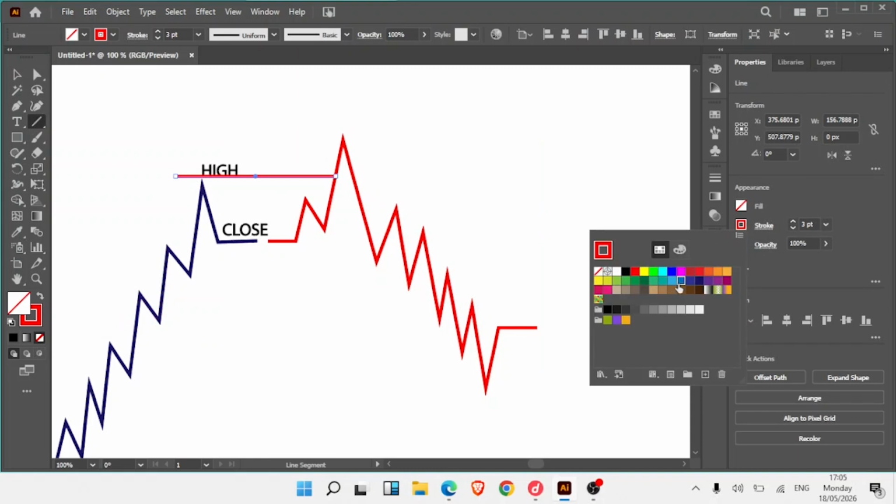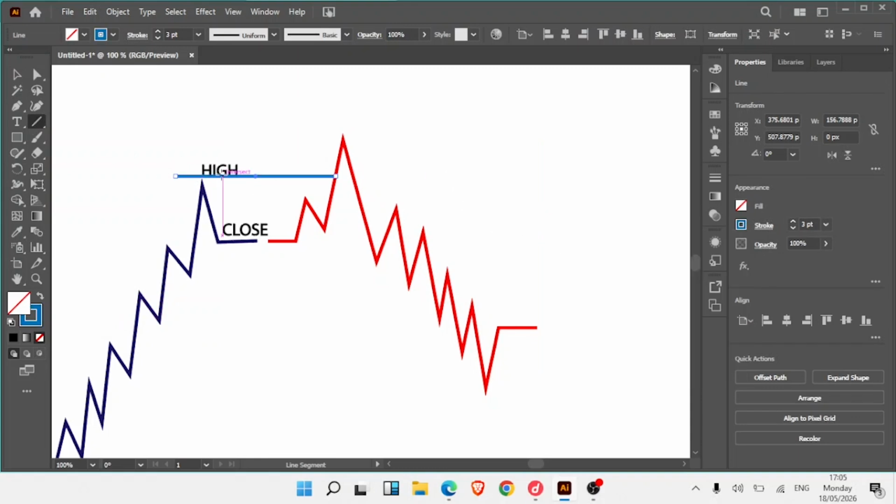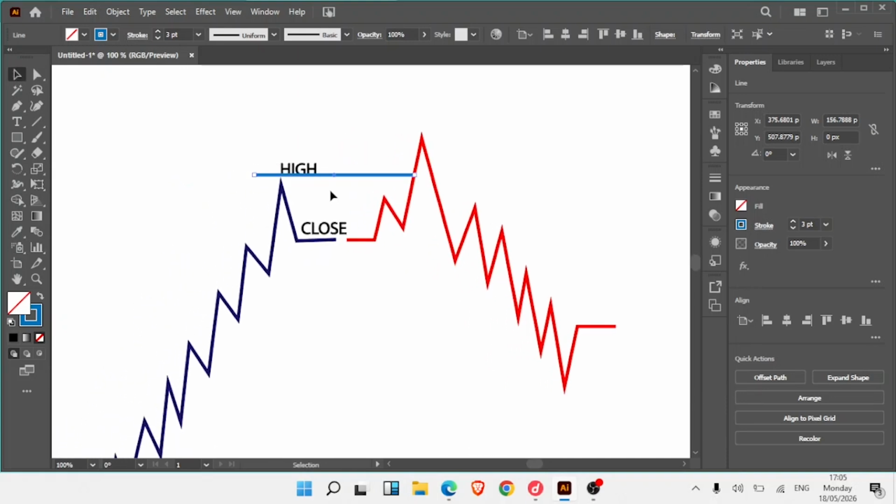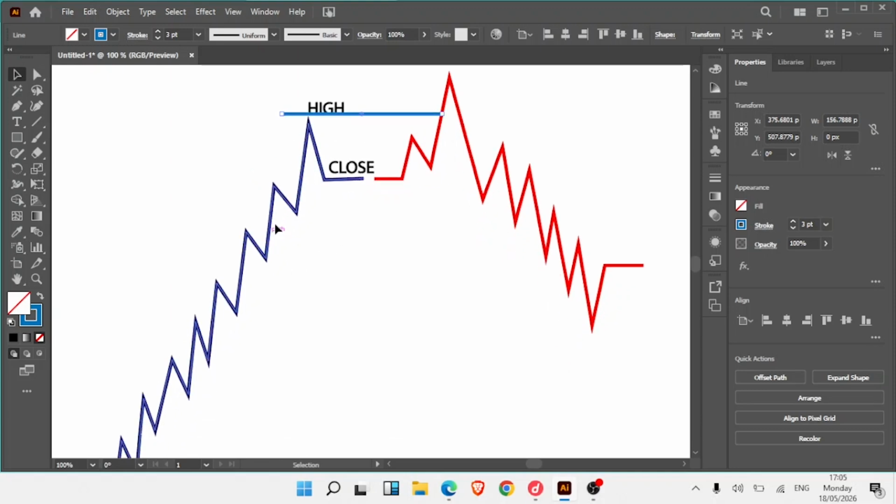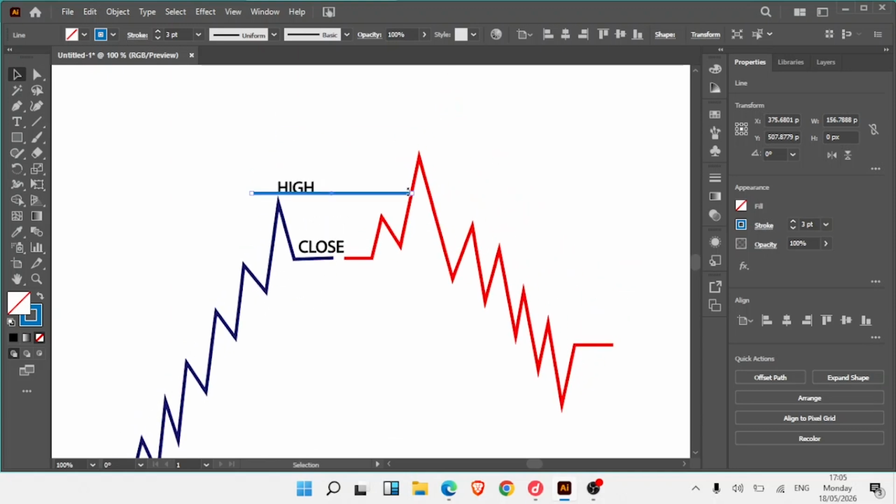Let me give it a different color. So this high is the previous day's high. I'm using, let me assume this is the 15-minute time frame, but with the daily candle in mind.